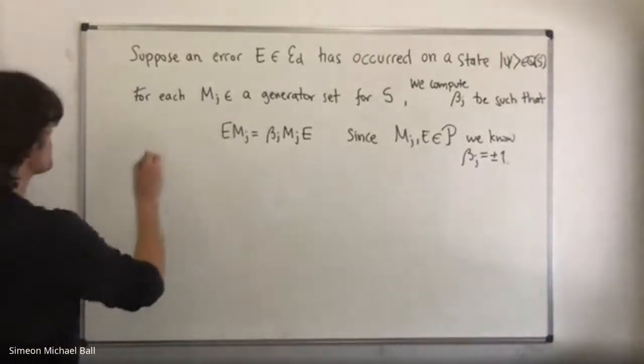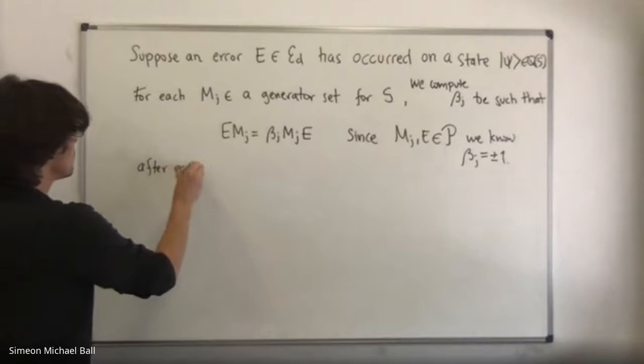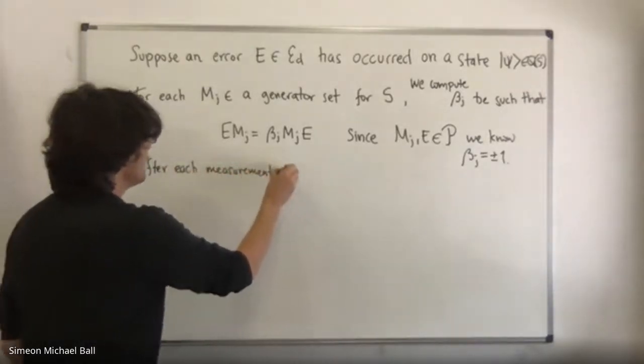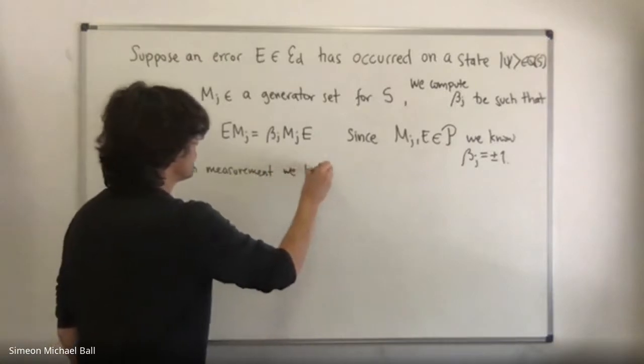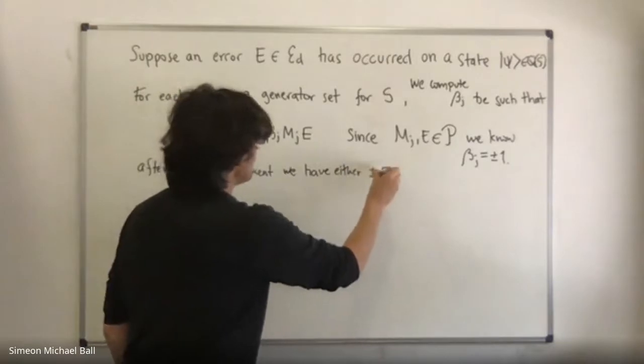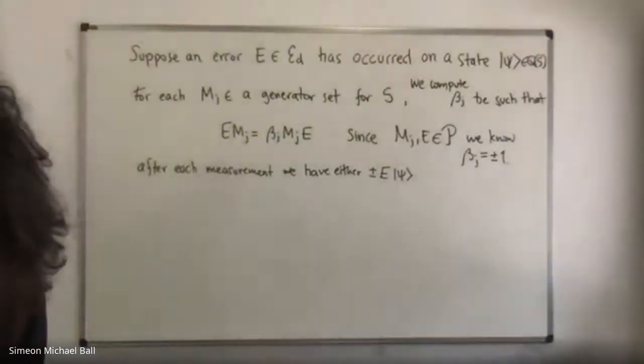So after each measurement, we have either plus or minus E. I'm just stating that any two Paulis will commute or anti-commute.